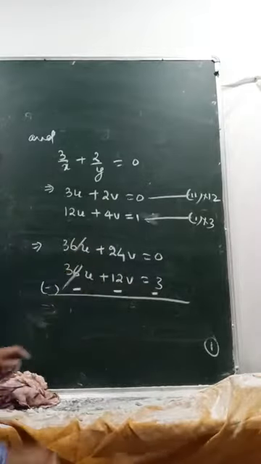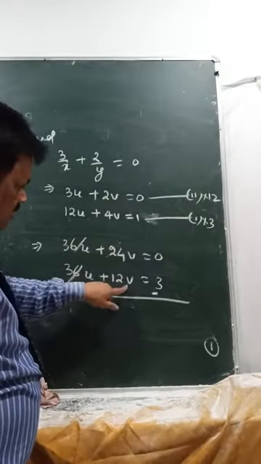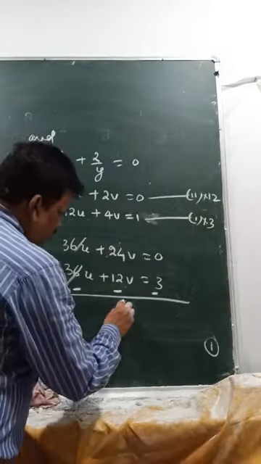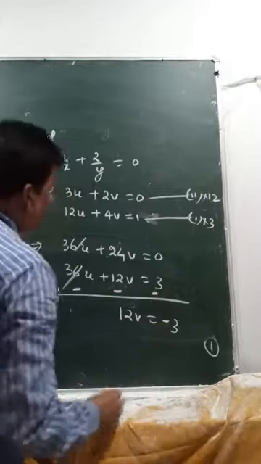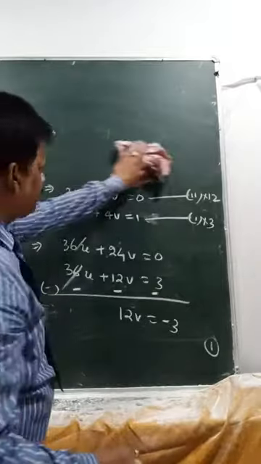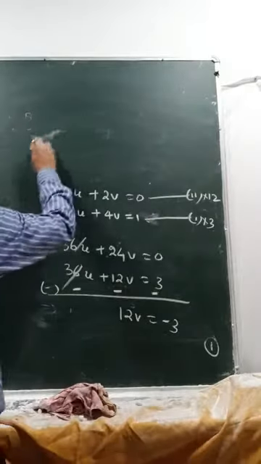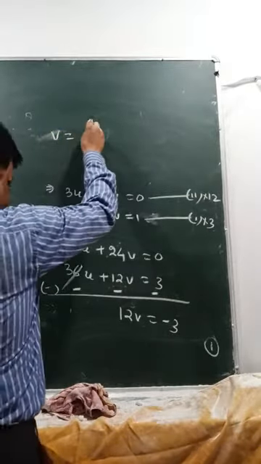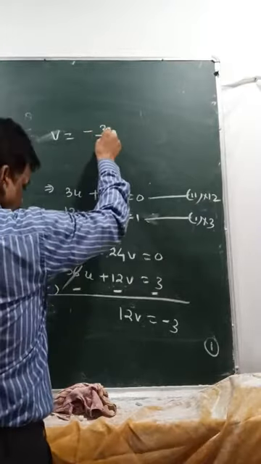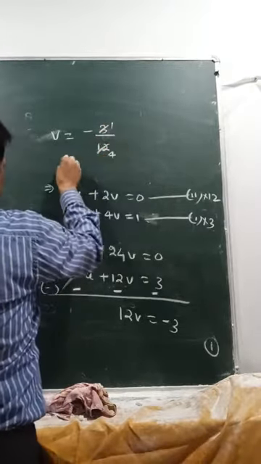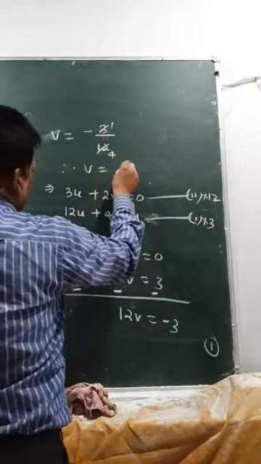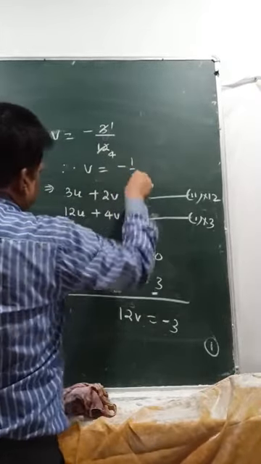This is cancelled. 24 minus 12 is 12v equals 0 minus 3, minus 3. Then v equals minus 3 by 12, so 1/4. Therefore v equals minus 1 by 4.